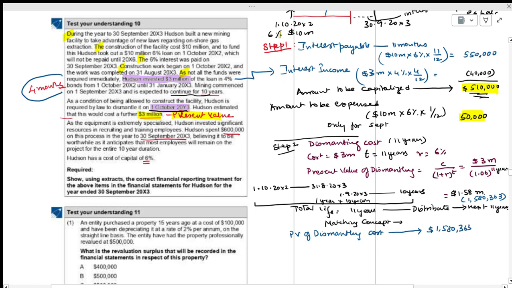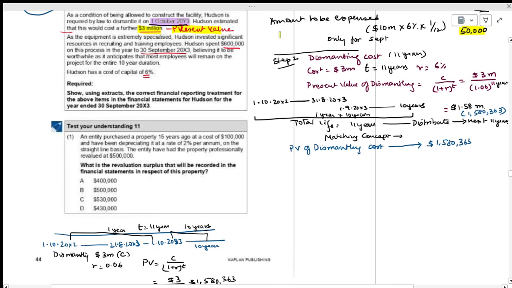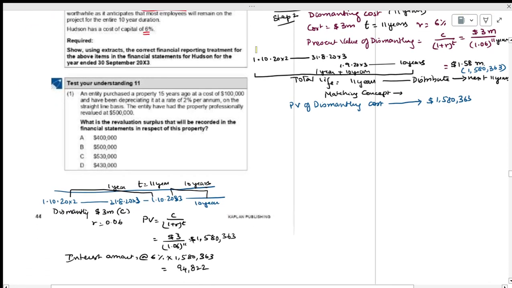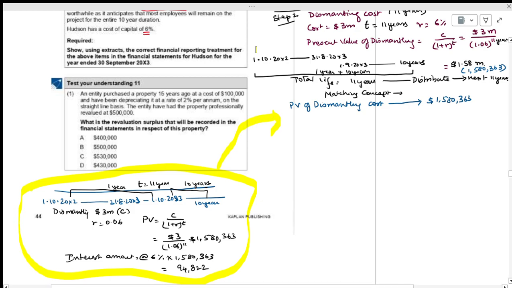Here what's happening? Dismantling cost. Okay, you can put like this, I will put one bracket like this, and I will put like this also. Same thing. Dismantling cost, we have to take the interest factor also. Interest on dismantling cost.